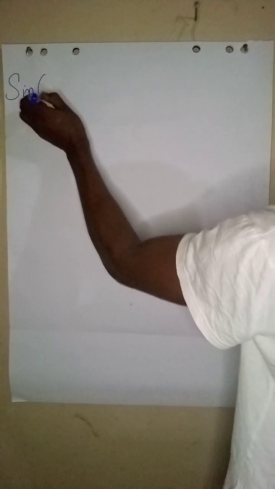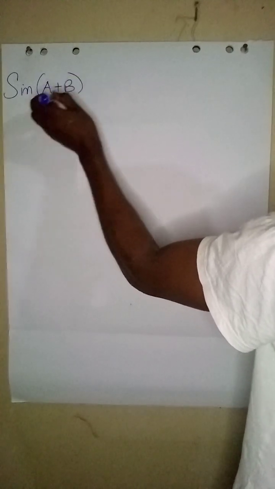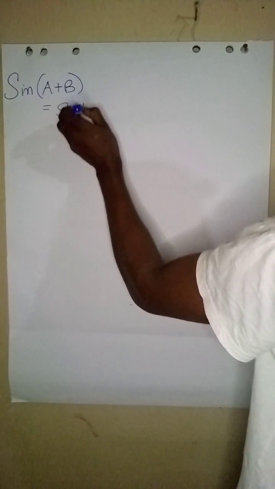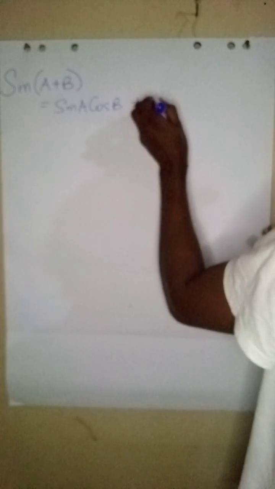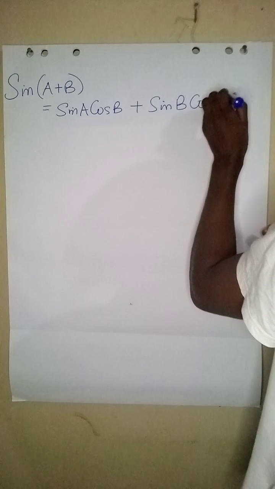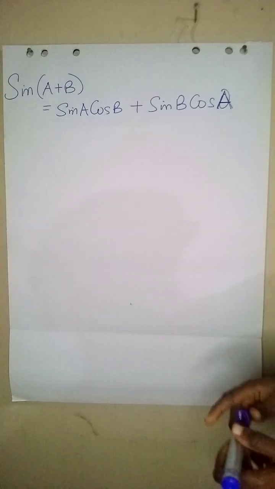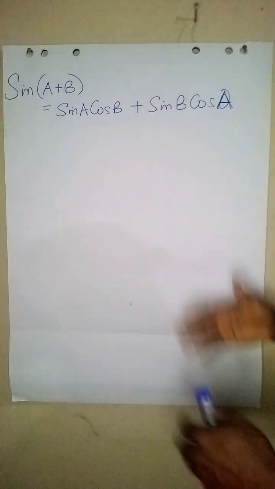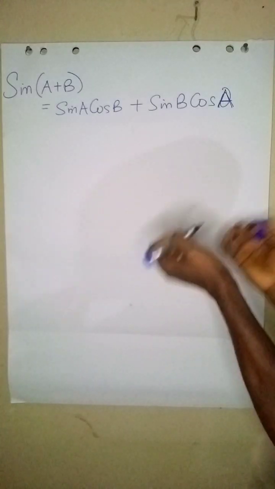We have that of sine A plus B. Sine A plus B simply gives us sine A cos B plus sine B cos A. So these are what we refer to as the compound angle formulas, the trigonometric compound angle formulas. We have one of these like this, then we have four basic ones that you should know.